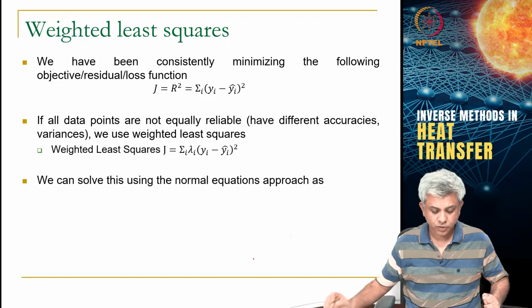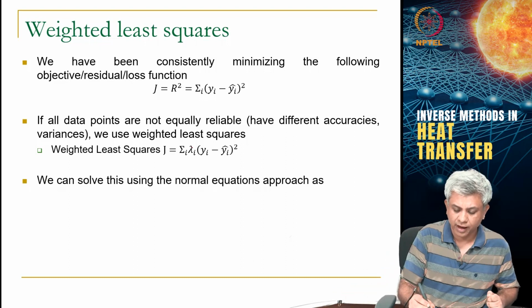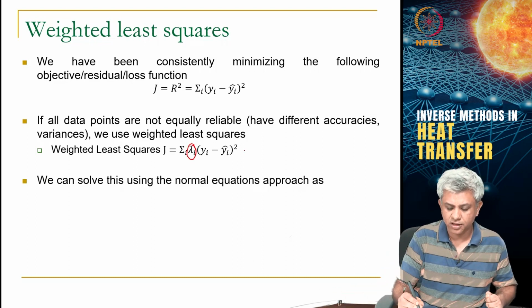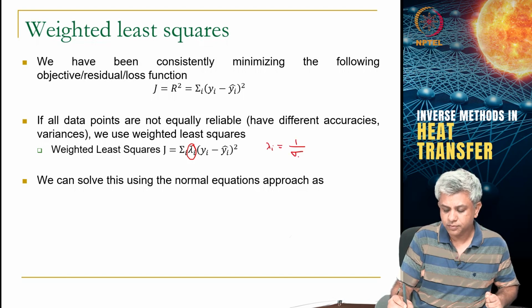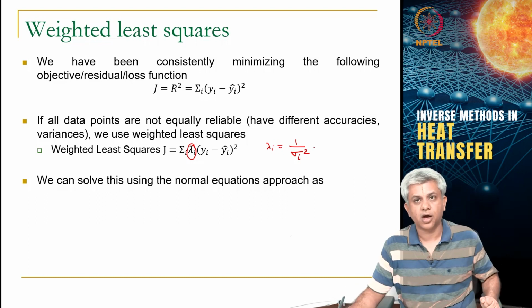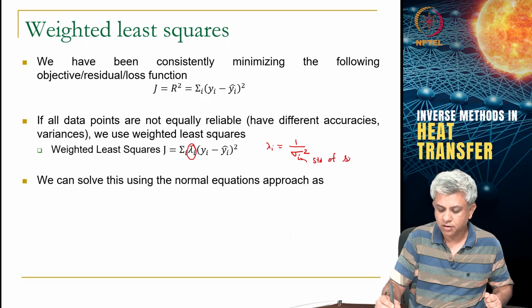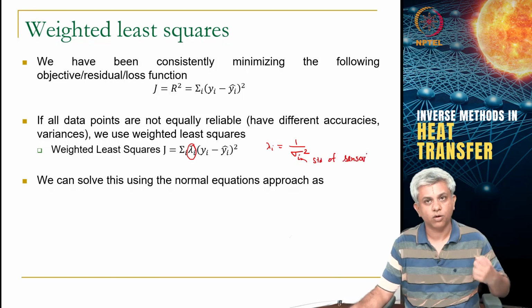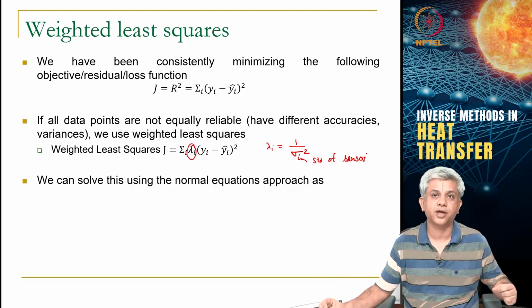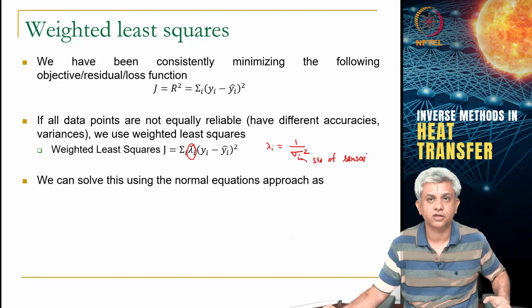Okay. Weighted least squares have this extra factor here, and this corresponds to lambda i equal to 1 by sigma i square, and sigma here is the standard deviation of the sensor. So, suppose you take, let us say, a known temperature, you measure it 100 times and you see a certain standard deviation within the sensor.